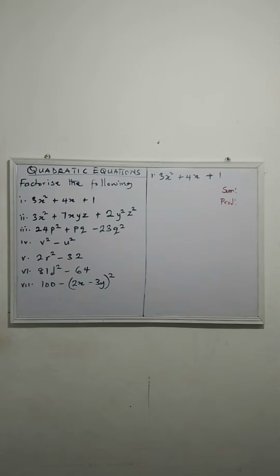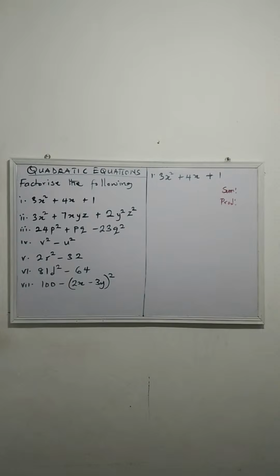Okay, Toyosi, you're welcome to class. Can you attend to that question? What is the sum and the product of the quadratic expression on the board? Okay, Balogun, you're welcome to class. Yetunde, I can say the sum is 4.